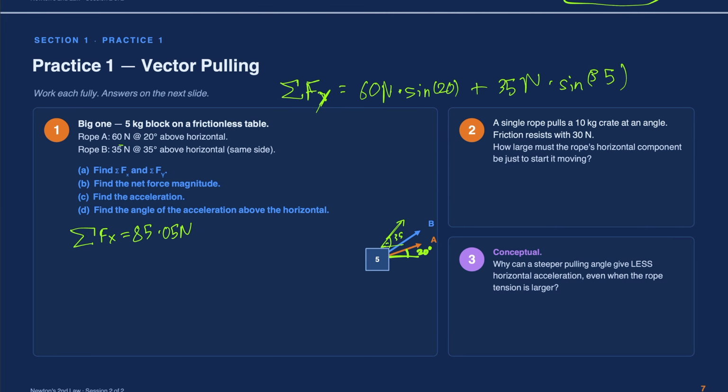And this should give me around, always make sure your calculator is in degrees, right? I mean, not always, but in this case, we're using degrees. Okay, so this is around 40.596. If I round up, that should just give me 40.6 newtons. So net force Y is 40.6 newtons.